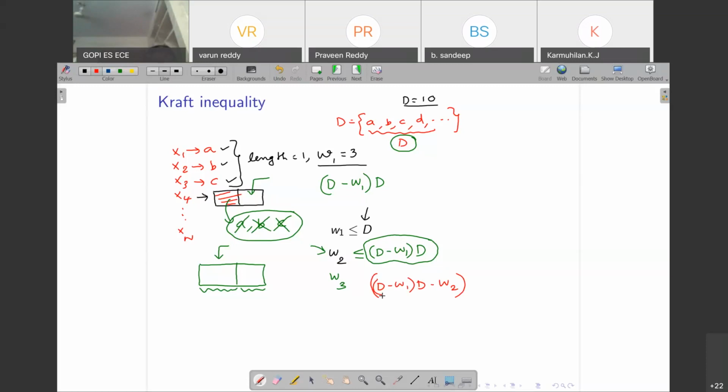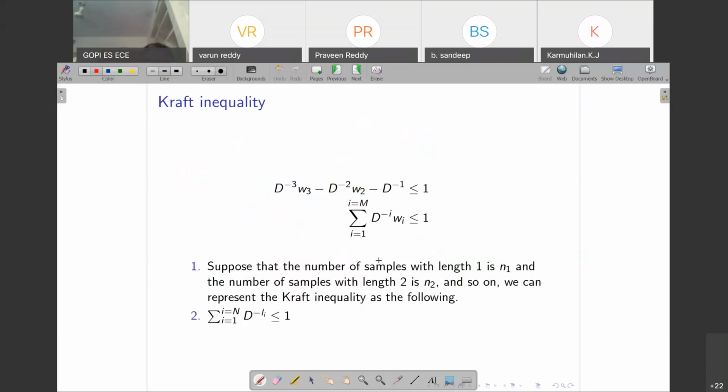Okay, fine. Now you are going to get a bound. We use this fact: minus sigma i equal to 1 to n pi log pi is less than or equal to minus sigma i equal to 1 to n pi log qi.